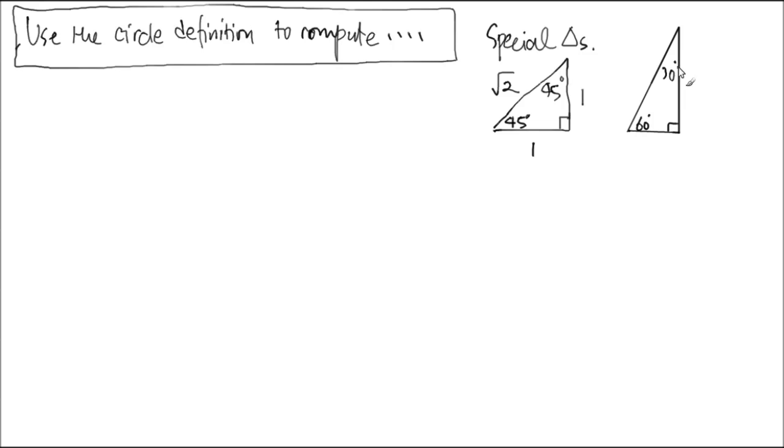The shortest length is always 1, and let's think about symmetry and what the other numbers are. This one is 2, right? 2 times the bottom. And what was the remaining one here? Root 3, right? These are the trigonometric ratios of right triangles that we looked at. Now we're entering the slightly more general situation. All right? Any questions?